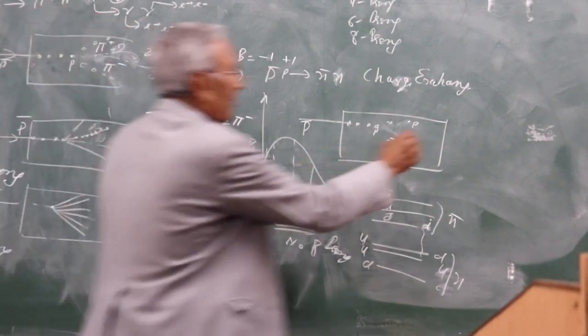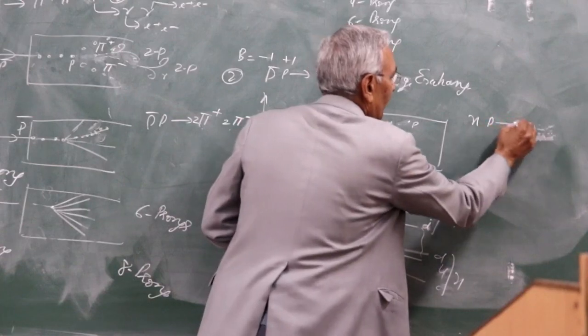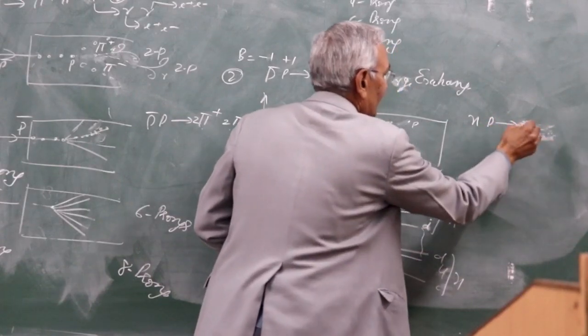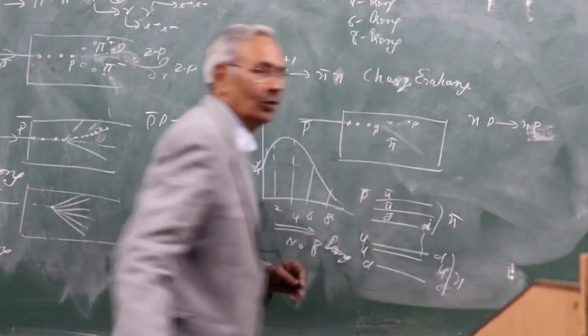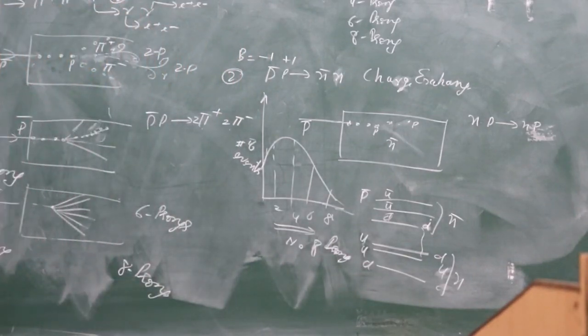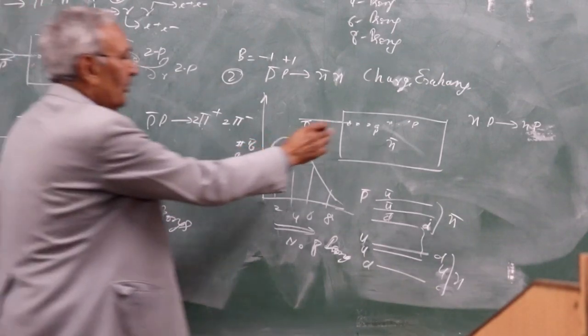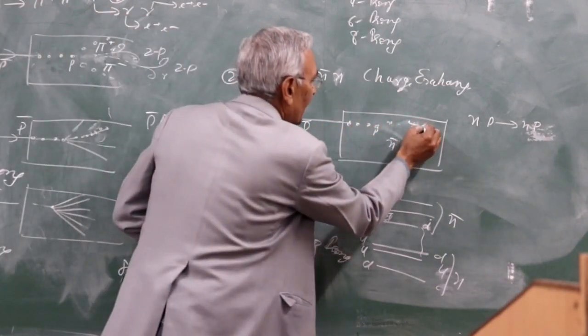Here you'll have a neutron interacting with a proton, and it's a kind of scattering. Neutron-proton scattering. If the energy of the neutron was large, then you could create pions also. But here the energy is very, very small, so it would be just a scattering, and this proton will get kicked off like this one.